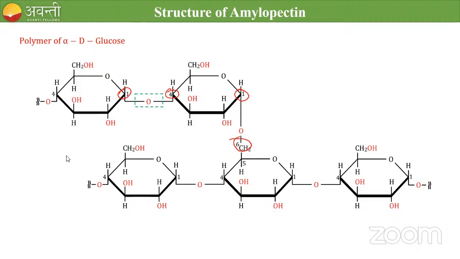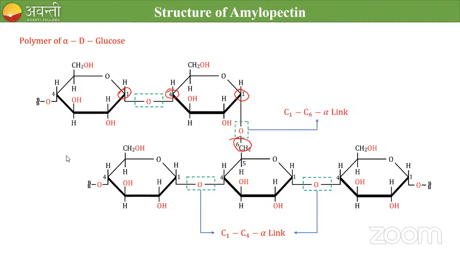So this one is a C1, C4 alpha linkage, and this one is a C1, C6 alpha linkage, present in amylopectin. Can you understand? So this is all about the first polysaccharide, which is starch.